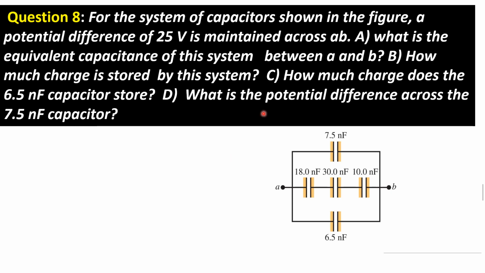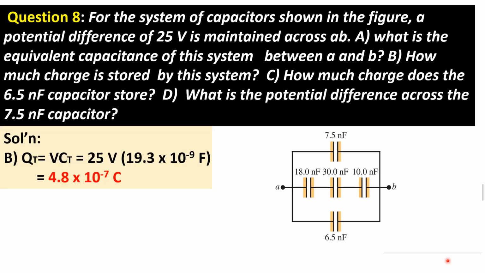Moving on with our solution, we are now going to answer question letter B. How much charge is stored by this system? We just use the formula: total charge QT is equal to the product of the voltage times the total capacitance.